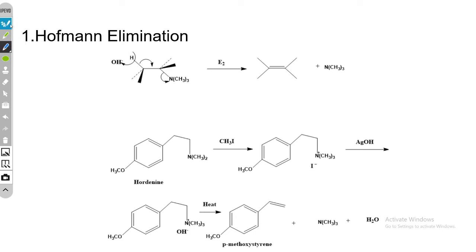There are some drawbacks for this method. One drawback is that some rearrangement takes place in the case of cyclic systems. For example, if we are exhaustively methylating piperidine, we add 2 CH3I. First, when we add one CH3I, the hydrogen is replaced by one CH3 group.